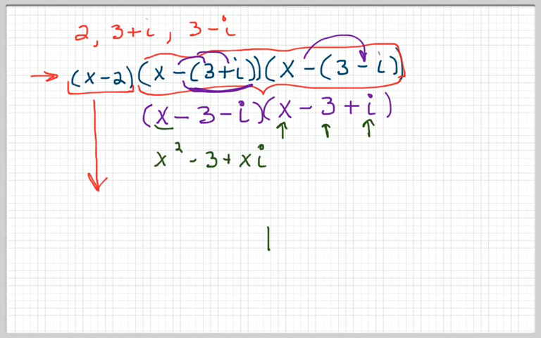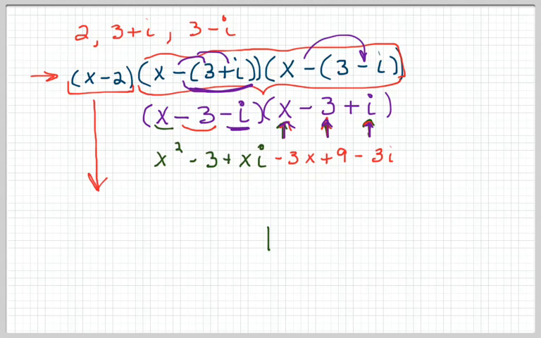And you could put ix or xi. Next we take the negative 3, taking the sign with it, and we're going to distribute that to each of the terms in the other polynomial. So we get negative 3x, and negative 3 times negative 3 is plus 9, and negative 3 times i, negative 3i.